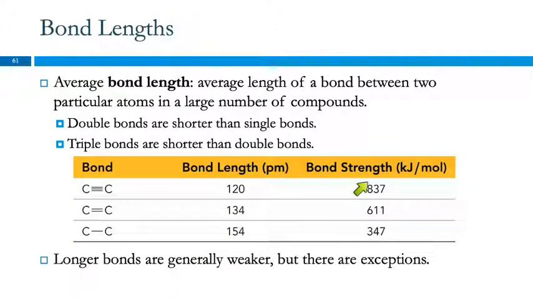And the strength goes opposite. A triple bond is strongest, a double bond is in the middle, and a single bond is the weakest. That makes sense. And the shortness, you think, well, the two carbons with the triple bond, they've got 6 electrons. That brings them closer. They're just like really getting tight in closer to each other.